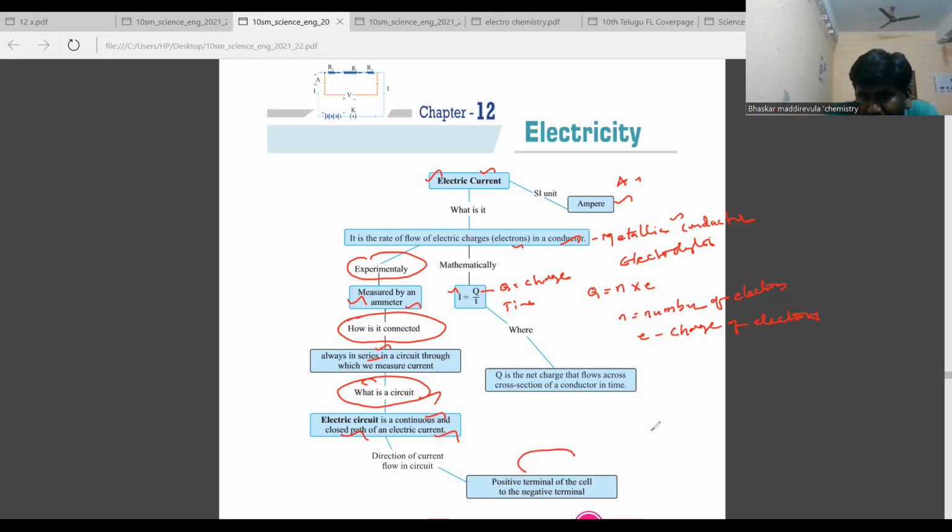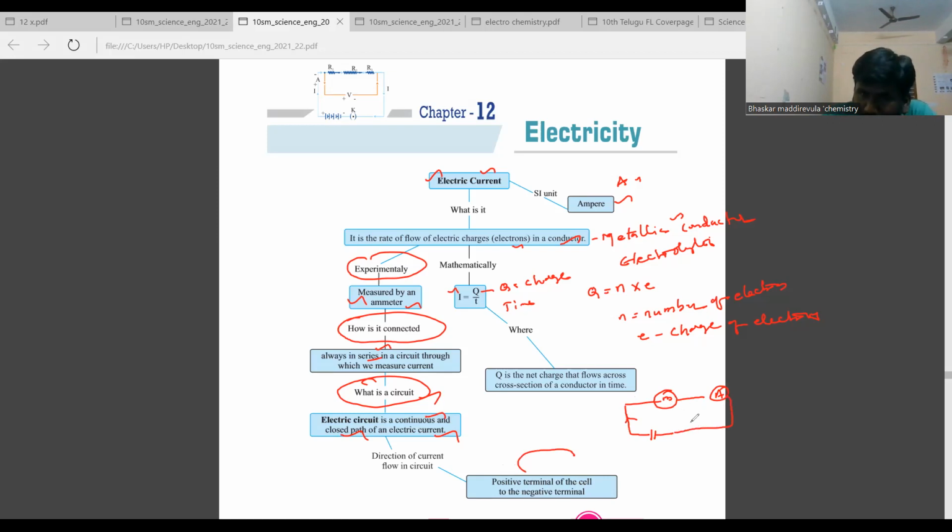For example, I will construct one cell here. This cell is connected to a bulb here, and this is connected to the ammeter here. Now this is a simple electric circuit.